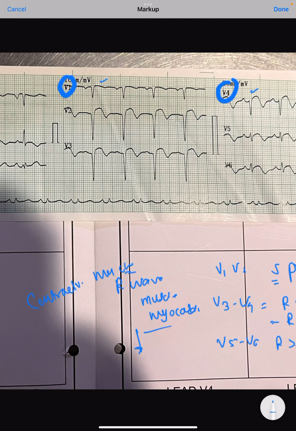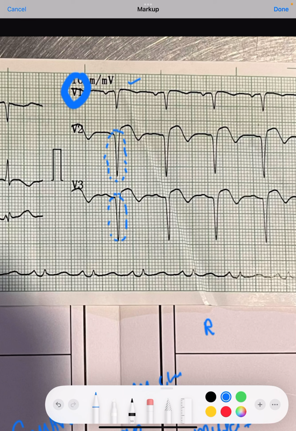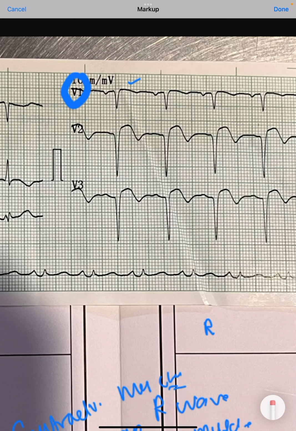So if there is no muscle, automatically there will not be any R wave. And here we have no clear R wave. So this is called a QS complex, because there is no prominent R wave.